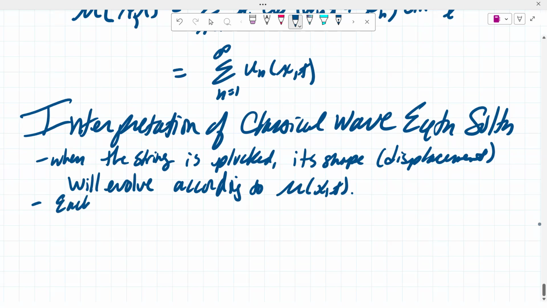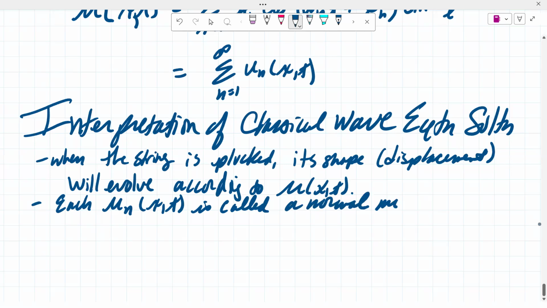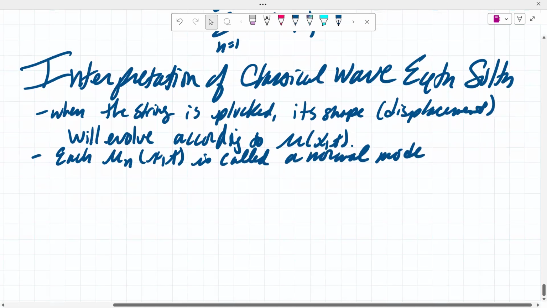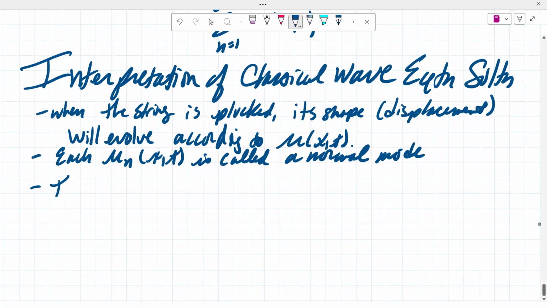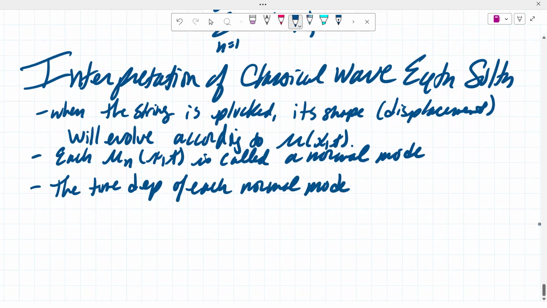Each u sub n of x and t is called a normal mode. The time dependence of each normal mode represents a harmonic motion of frequency.